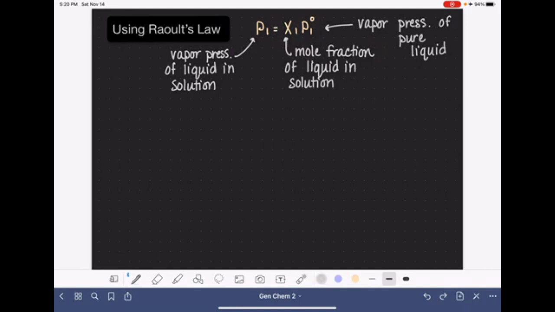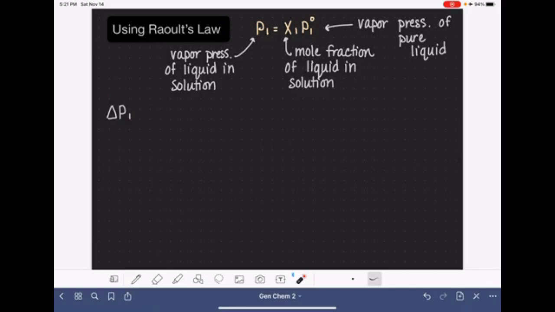In order to do this, we're going to be doing some algebra, and we are going to start by thinking about the change in the vapor pressure. So how would we define mathematically the change in the vapor pressure for substance number one? Again, in Raoult's law, we use the number one just to indicate one of the molecules, the solvent molecule.